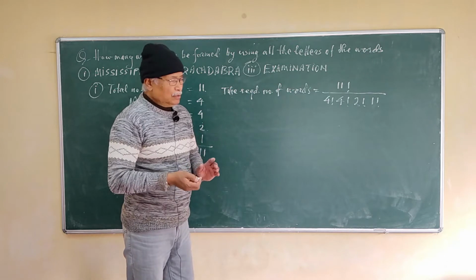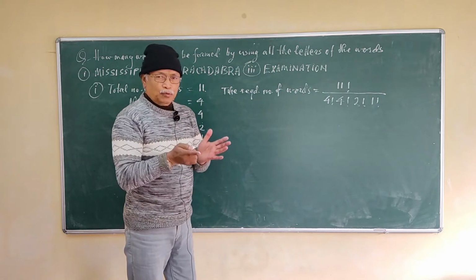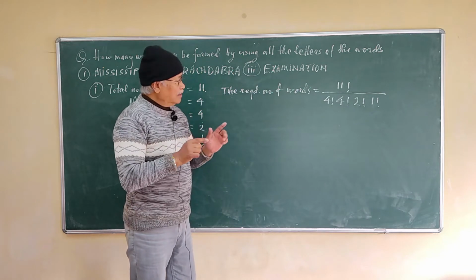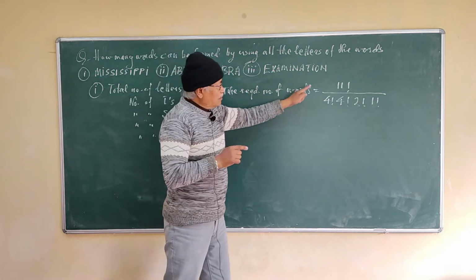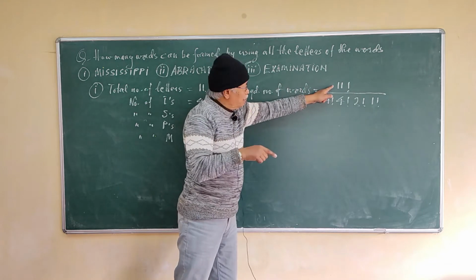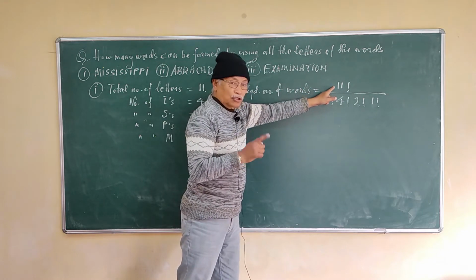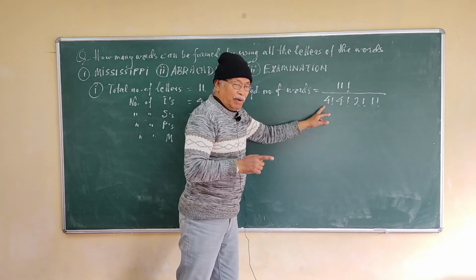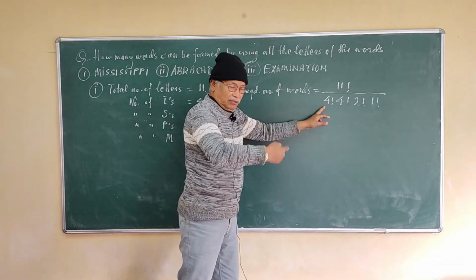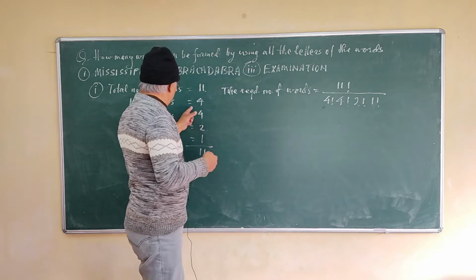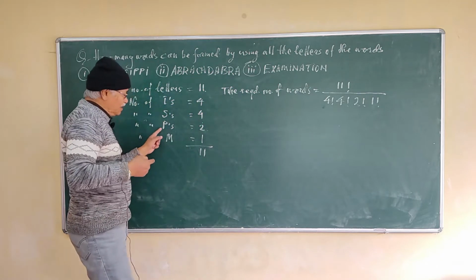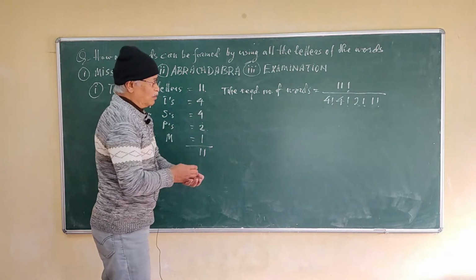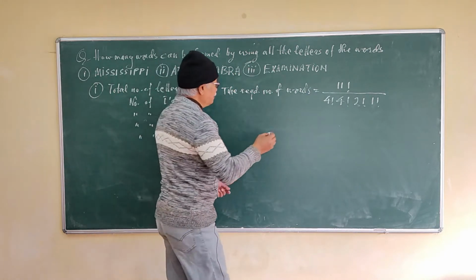So in whichever word you find that there is repetition of letters, you put the total number of letters in the numerator, and it will be divided by the repetitions, like I's, S's, P's, right? For M we have written 1 only, right?